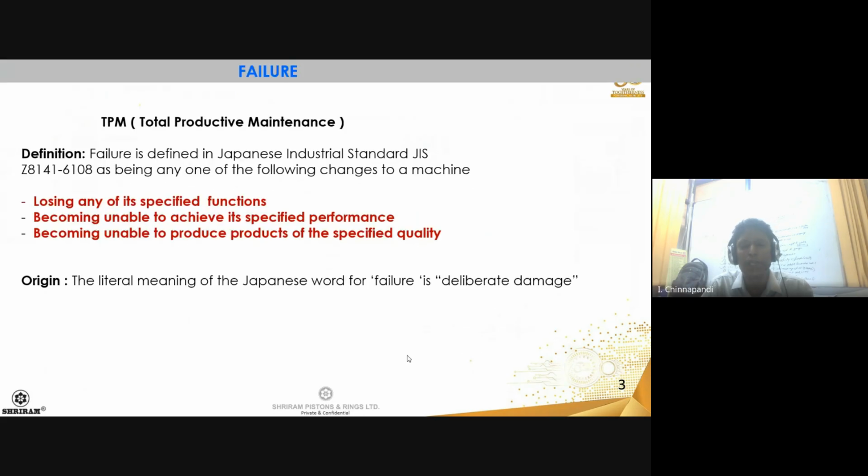So this is what is failure. This definition is taken from TPM. TPM is a concept designed and developed by JIPM, the Japan Institute of Plant Maintenance, an institution in Japan. They defined some principles and methods for maintenance, and they promoted them all across the world.